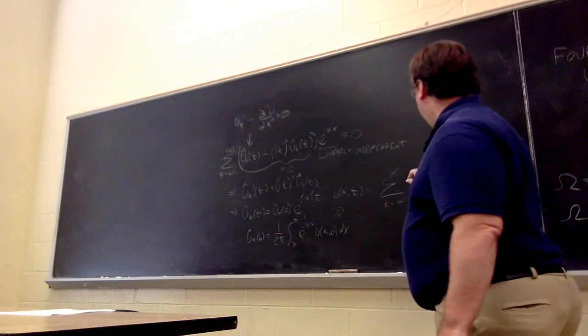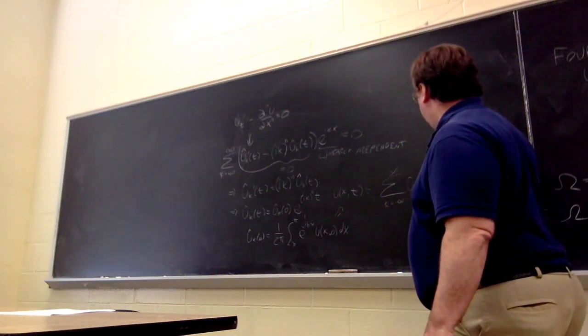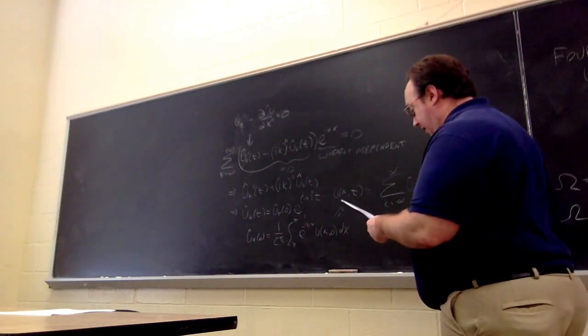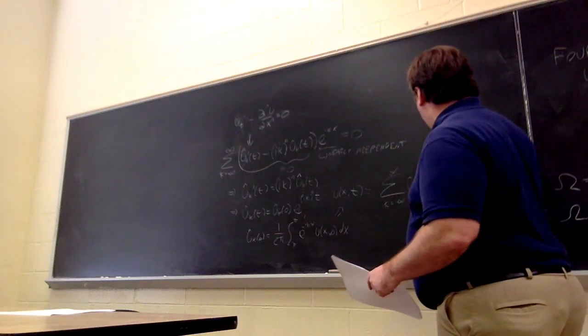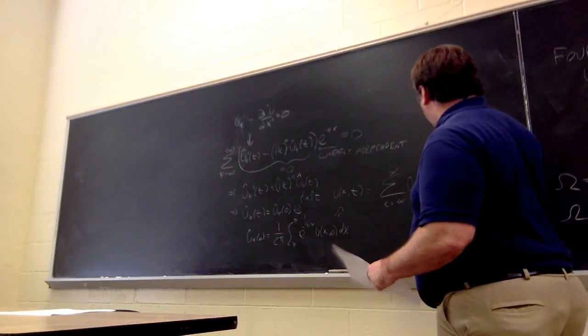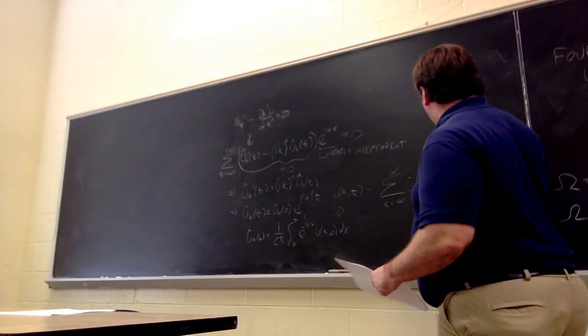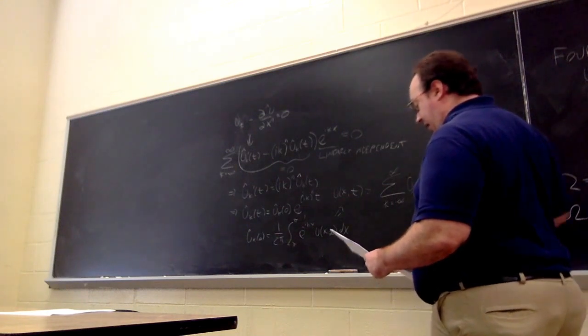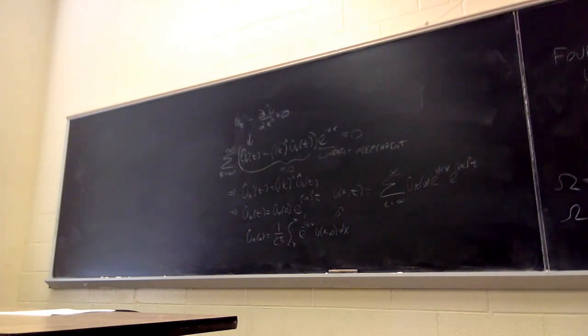We just have u hat 0 e to the ikx, e to the ik to the n t. So now we have a formula for a solution for whatever n.